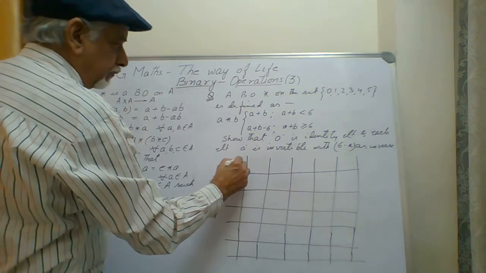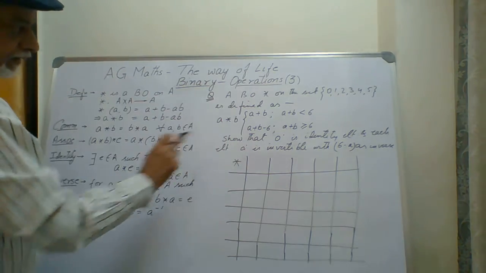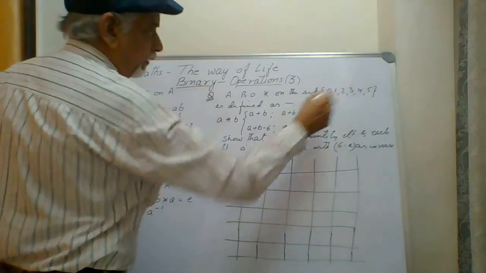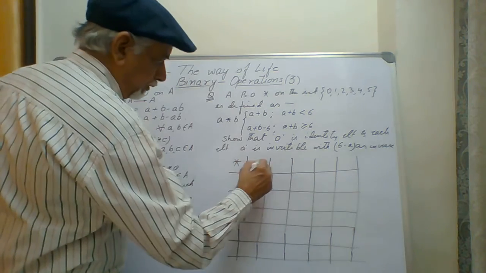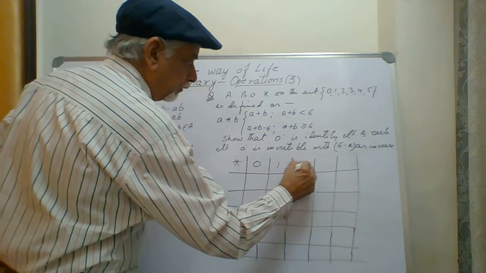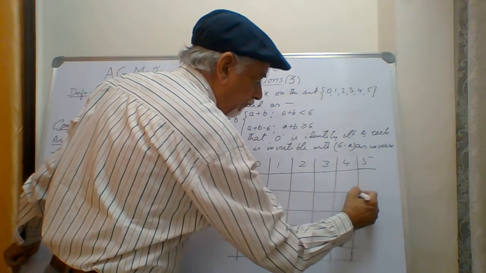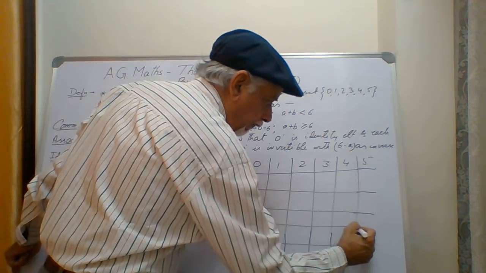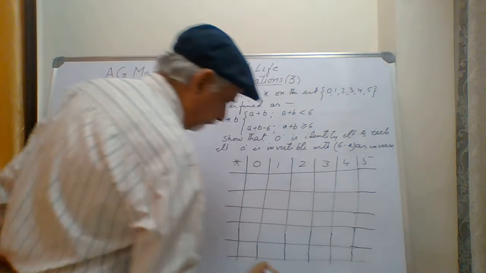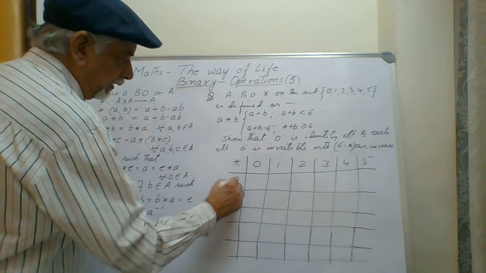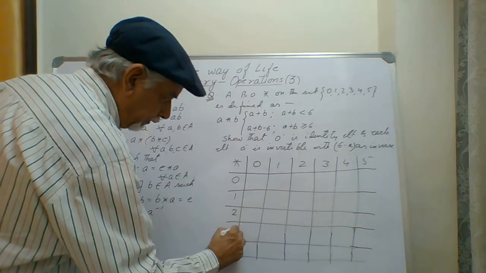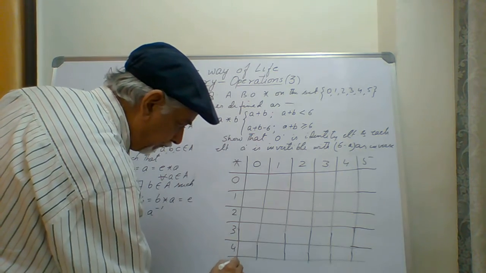So we write the binary here and the elements of the set on the top as 0, 1, 2, 3, 4, 5. Same thing here: 0, 1, 2, 3, 4, and a 5.